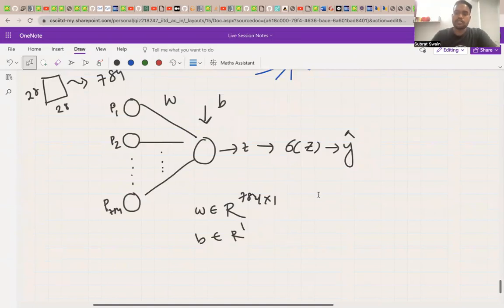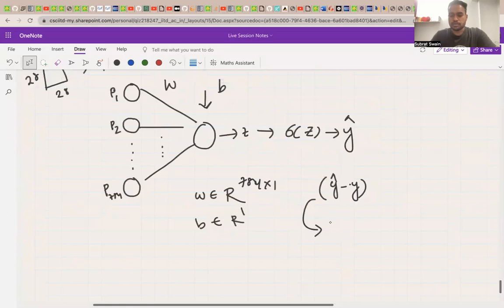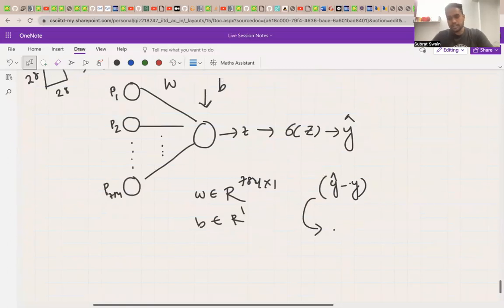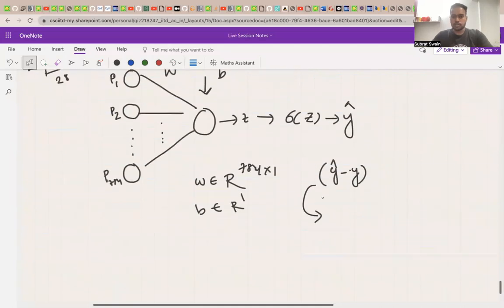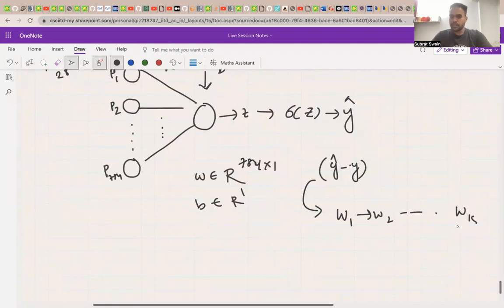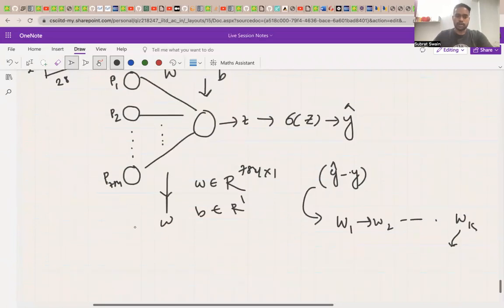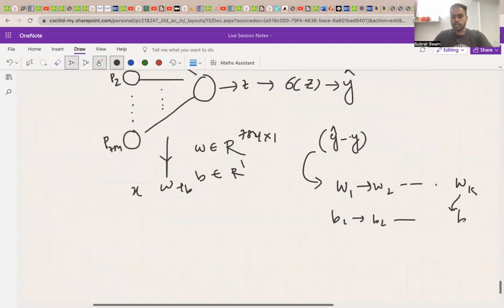After getting Y hat, you calculate the error, Y hat minus Y, and then using gradient descent you find W1, W2 up to WK, and similarly B1, B2 up to BK.